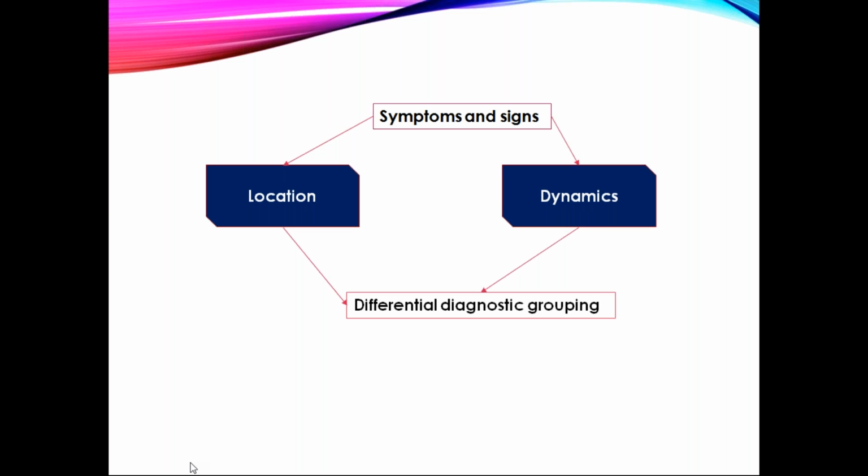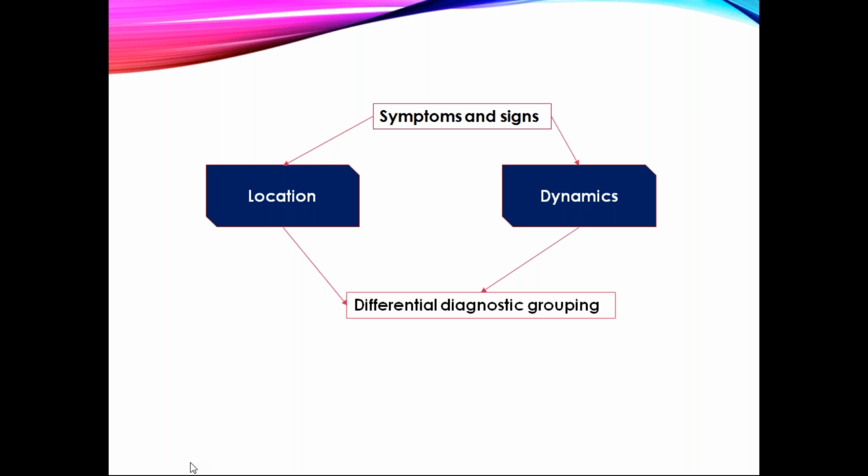Apart from that, once you evaluate these signs and symptoms and you localize the lesion or study the proptosis, you have to come to a differential diagnosis, and based on that you have to group the proptosis. For example, if the patient has proptosis of the right eye, you will see the location, and whether it is unilateral or bilateral.